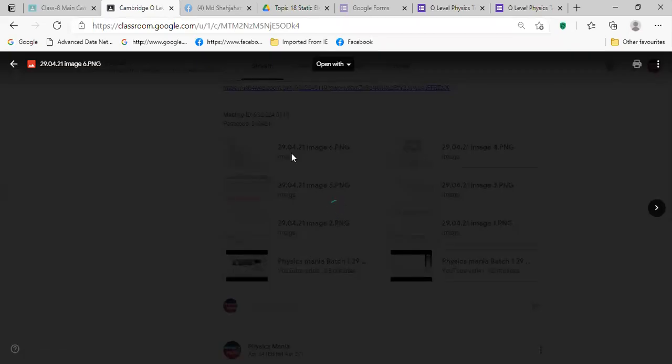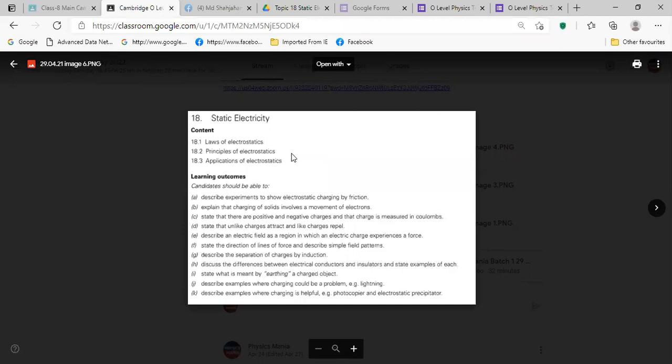So we are done with how many learning outcomes here? A is done, right? Describe experiments to show electrostatic charging by friction. Then B, explain that charging of solids involve a movement of electrons.